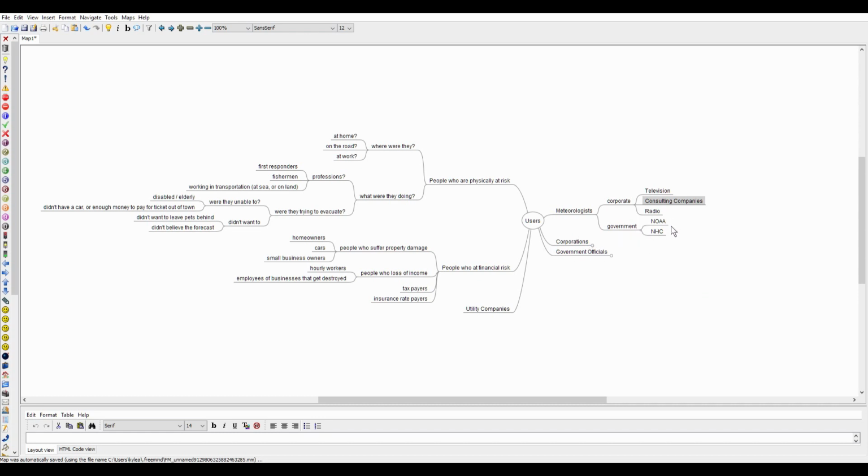Also, the government, NOAA and the National Hurricane Center, I believe that's actually within NOAA, but for all intents and purposes here, you can see them as two separate entities and potential users of the system. Corporations, Google, Amazon, etc. They all have their own algorithms to predict the weather.